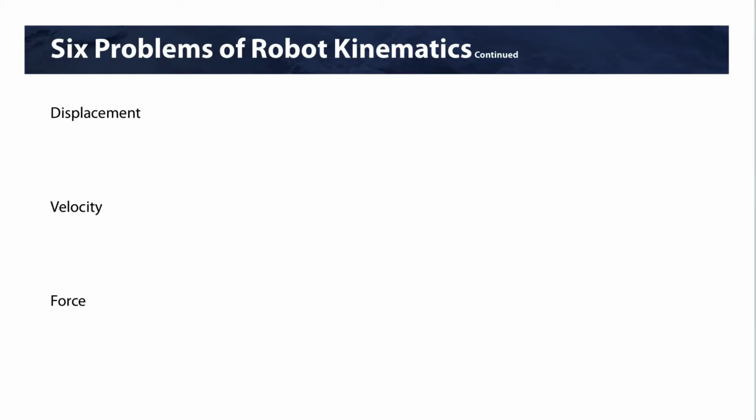So the variables depend on the problem we're looking at. So in terms of displacement, if we define vector x here, it's comprised of our x position, y position, and our angle of our end effector.